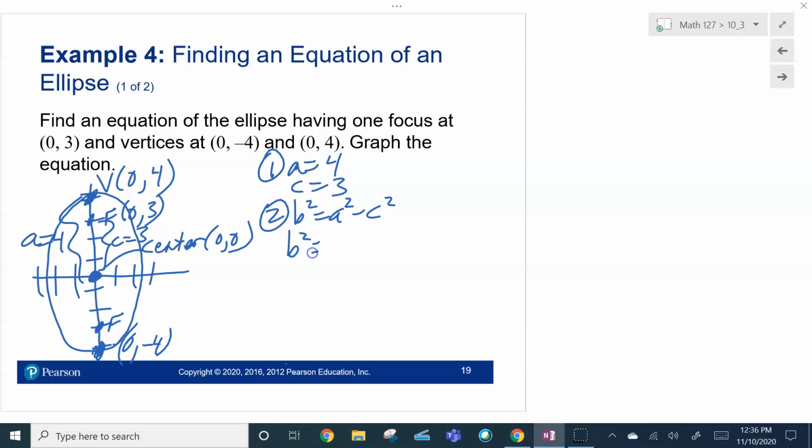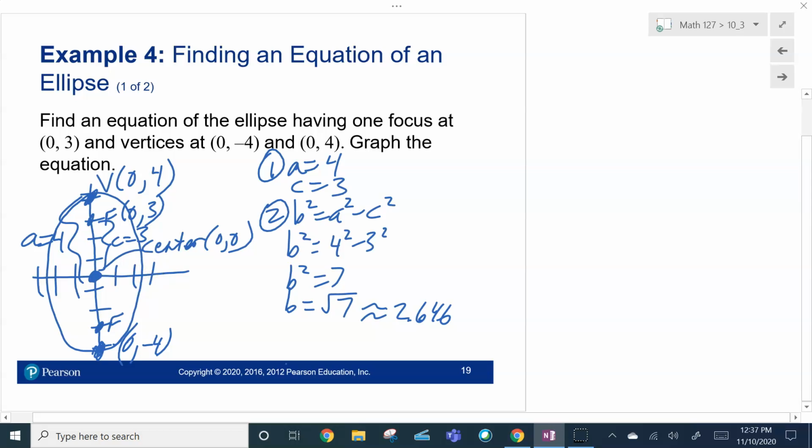B squared equals 4 squared minus 3 squared, so b squared equals 7. In other words, b is root 7. Well, root 7 is about 2.646. It's between 2 and 3, between square root of 4 and square root of 9.